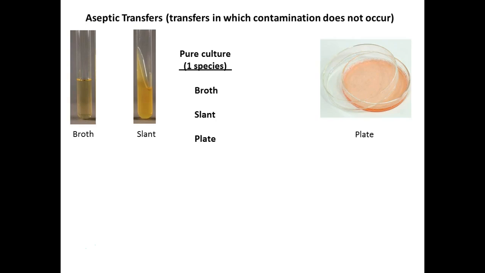So we don't usually utilize broth cultures very often, because most of the microorganisms aren't very happy in that type of situation. If they're stuck on a flat surface, even a slant, it's much easier to acquire nutrients, especially for a non-motile organism. You can't move. Plates are great too, right? Very large surface area.